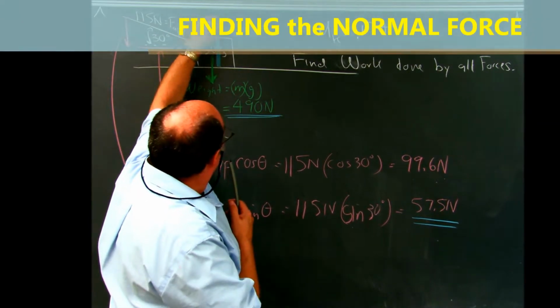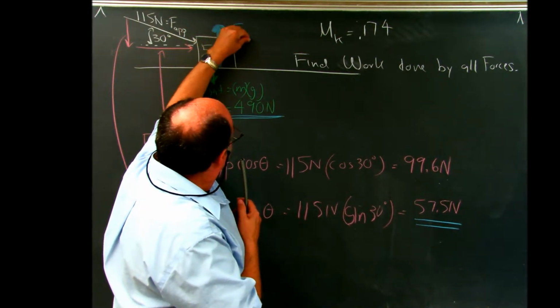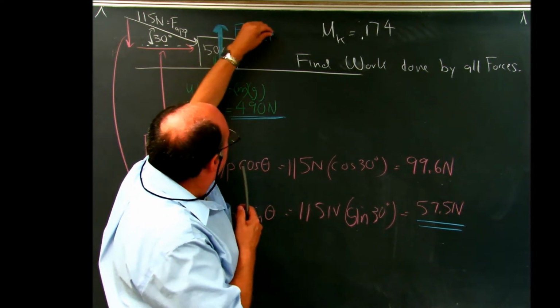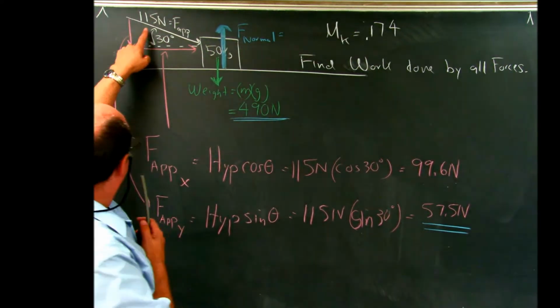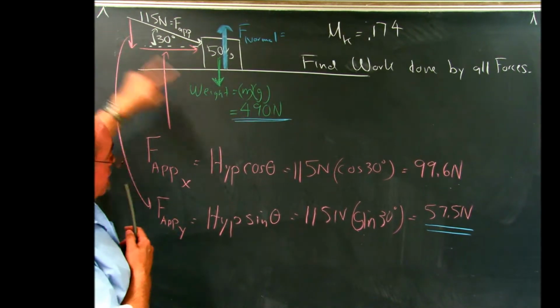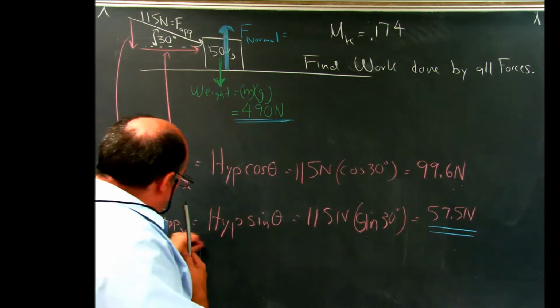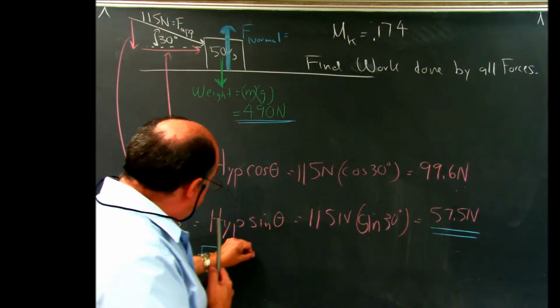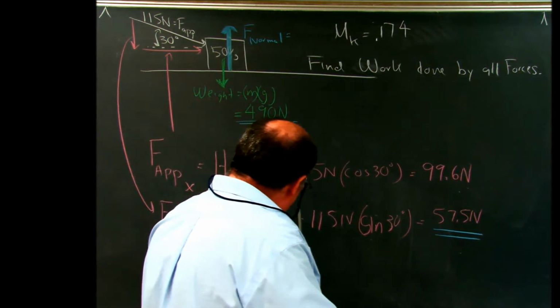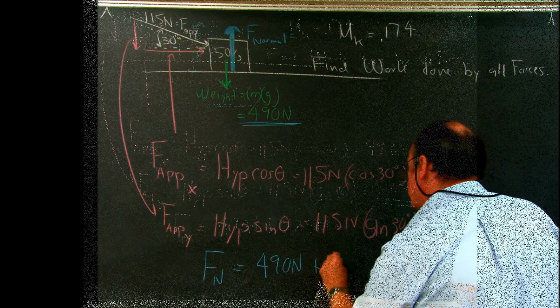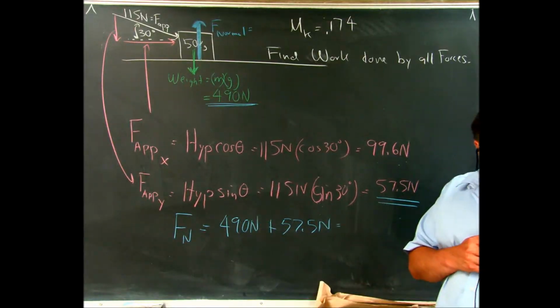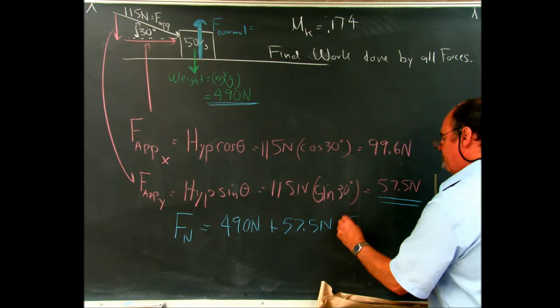So the ground pushing up is called the force normal, and the normal force is basically 57.5 plus this one right here, I'm sorry, the weight, 490. So the force normal is going to be 490 newtons plus 57.5 newtons, and that comes out to be 547.5.